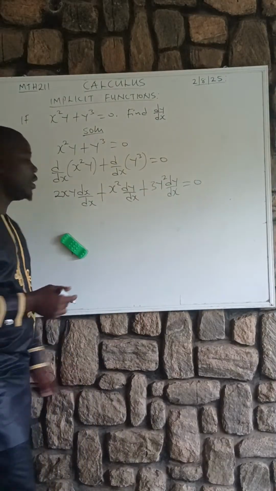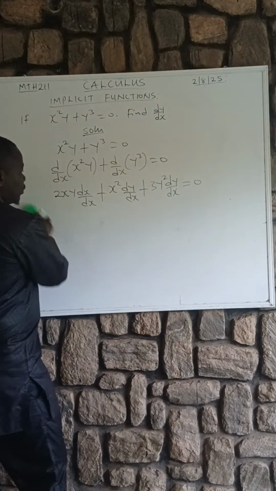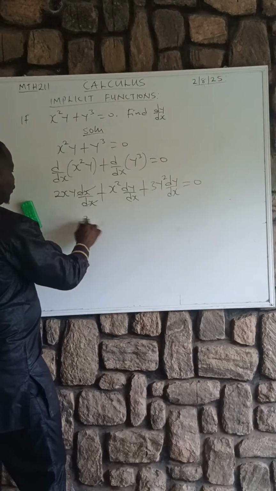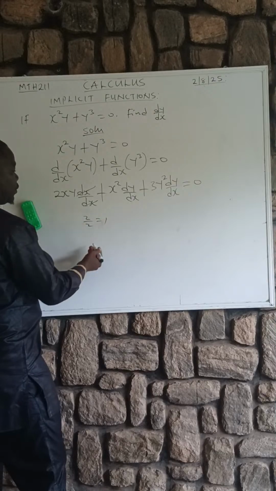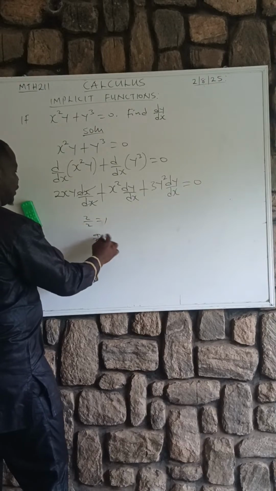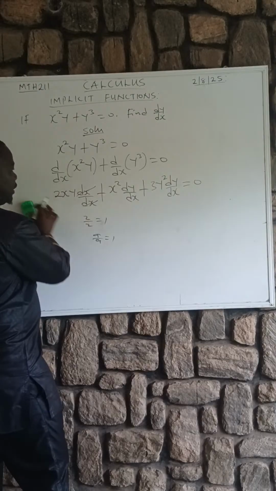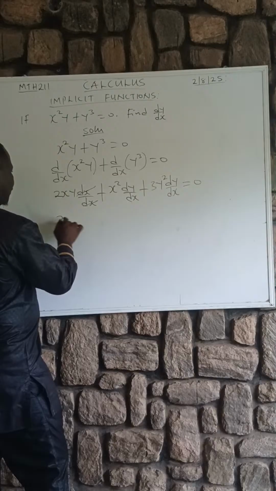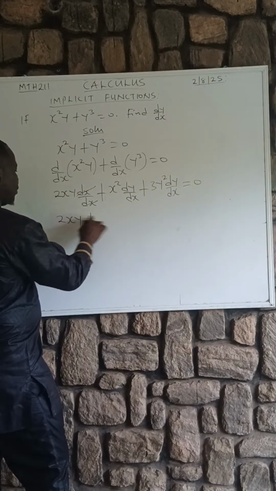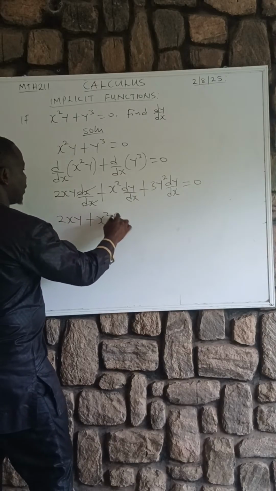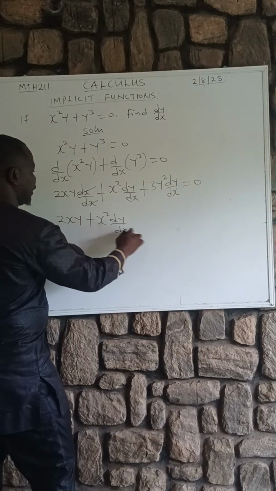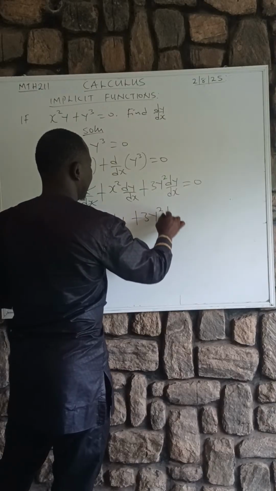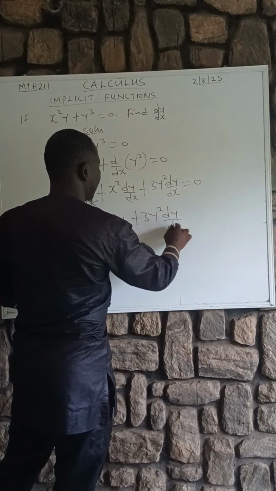True or false? So far, so good. So as you can see, this is just like 2 divide 2. This is 1. True or false? Just like a divide a is 1. So dx divide dx is what? So we now have 2xy plus x squared dy all over dx plus 3y squared dy all over dx.